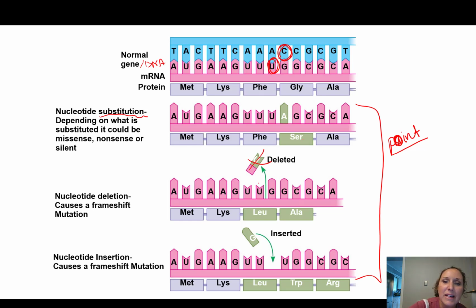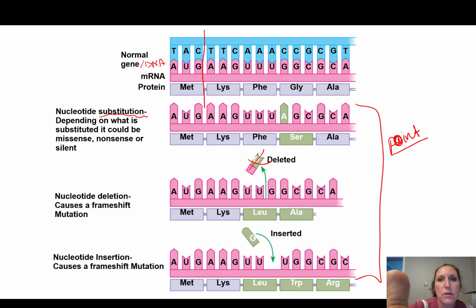But if we delete or we insert an extra nucleotide, this is going to cause the entire codon sequence to shift, and that's called a frame shift. So if I add an extra one, for instance, let's look up here real quick. All right, these are read in threes.